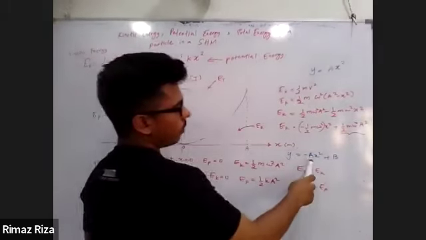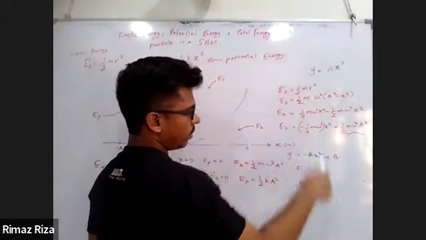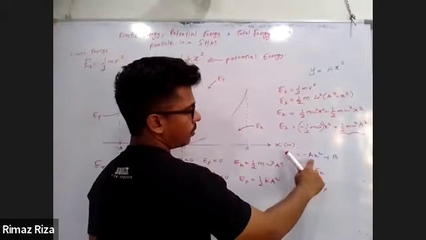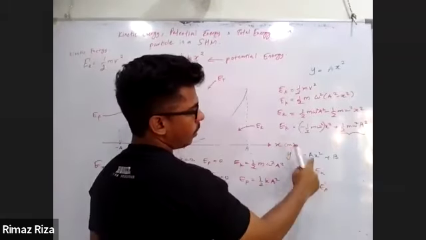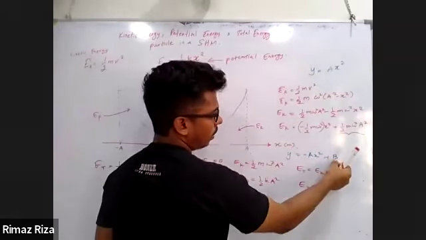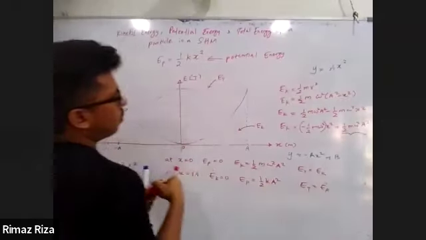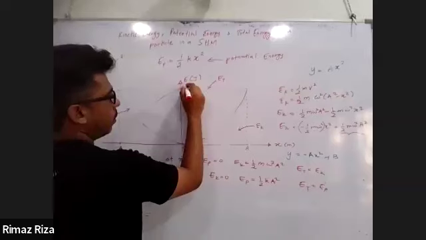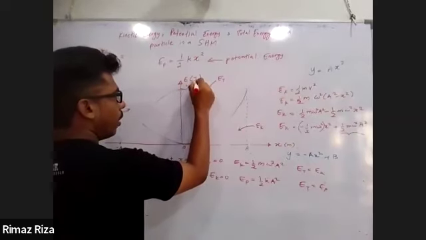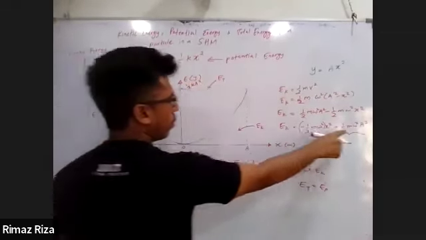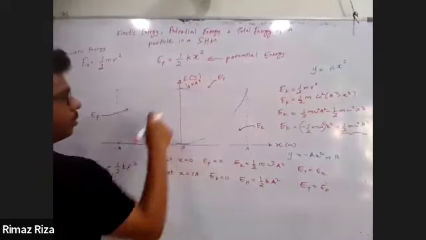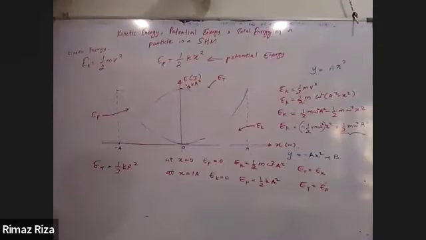So then here you have a maximum, because the coefficient is negative, and that maximum value is equal to b. So the maximum value is equal to half m omega squared a squared. So this maximum value is what? Half k a squared, since k is m omega squared.